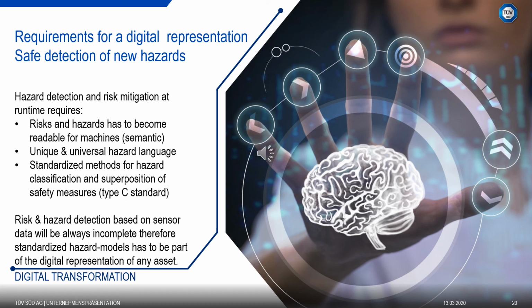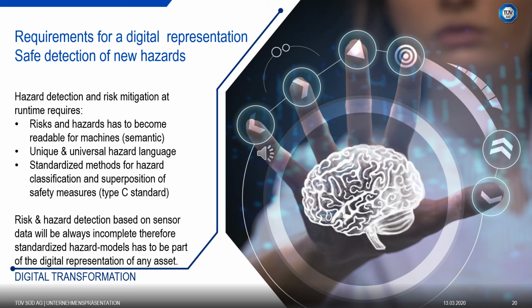And this is the key, that we cannot develop this complexity application specific for every customer. We have to develop this concept once for manufacturing, and then we can apply it to robots, to HUVs, to special machines, and so on. We have to accept that risk and hazard detection based on sensor data will be always incomplete.